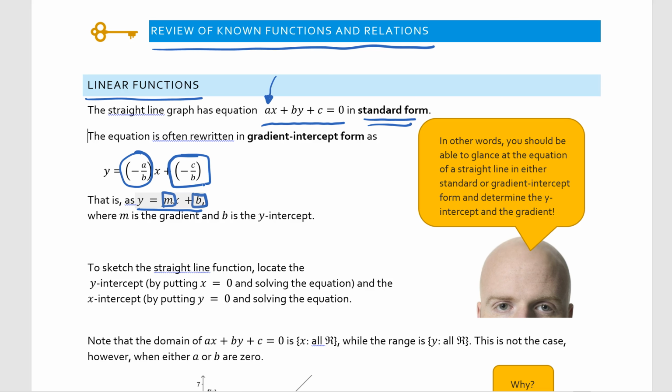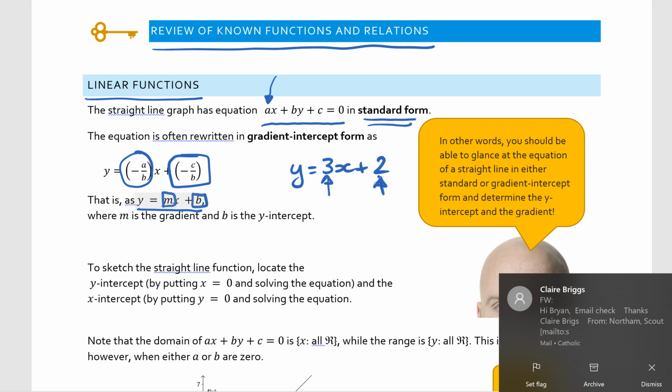So what we hopefully can do is look at an equation in either form and straight away work out its gradient and y-intercept. So if we had y equals 3x plus 2, for example, we look at it: gradient 3, y-intercept 2.